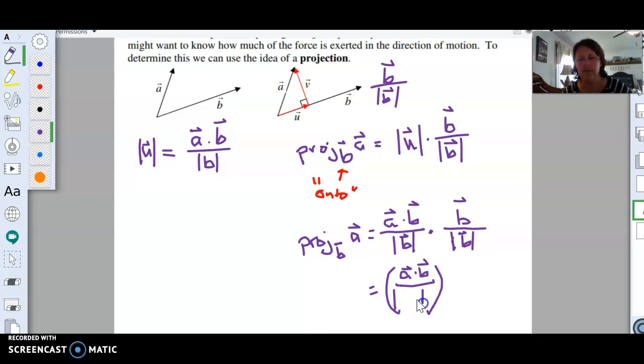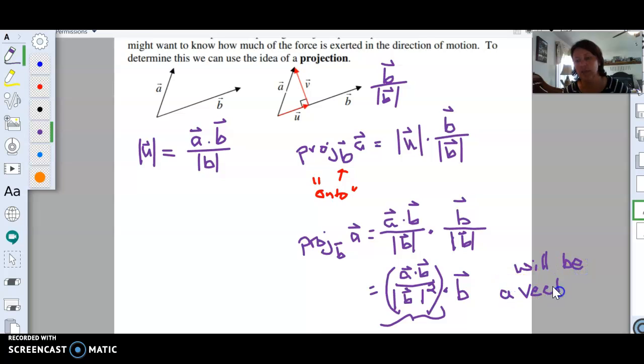So it's going to give me the magnitude of B squared in the denominator, and then we're still going to have this vector outside. So all of this inside the parentheses out in front is going to be a number. It's going to be what we call a scalar, and we're going to multiply that scalar by the vector B, and our solution will be a vector.